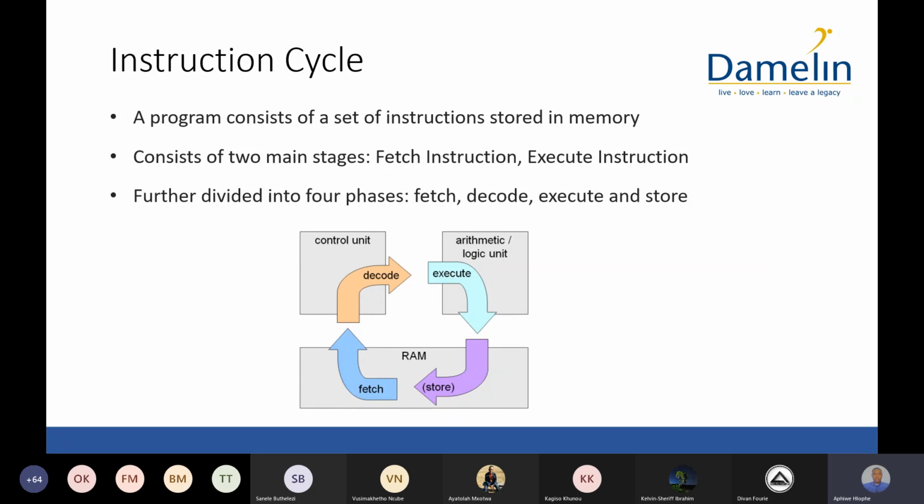But along with the control unit and the ALU, which is what you see in front of you now, the control unit, the ALU, and the registers all are housed within the actual CPU chip. So the registers are a form of storage. When the CPU fetches data from the RAM, remember the RAM, you saw in the slides earlier on, these are two separate chips, located in different parts of the motherboard.